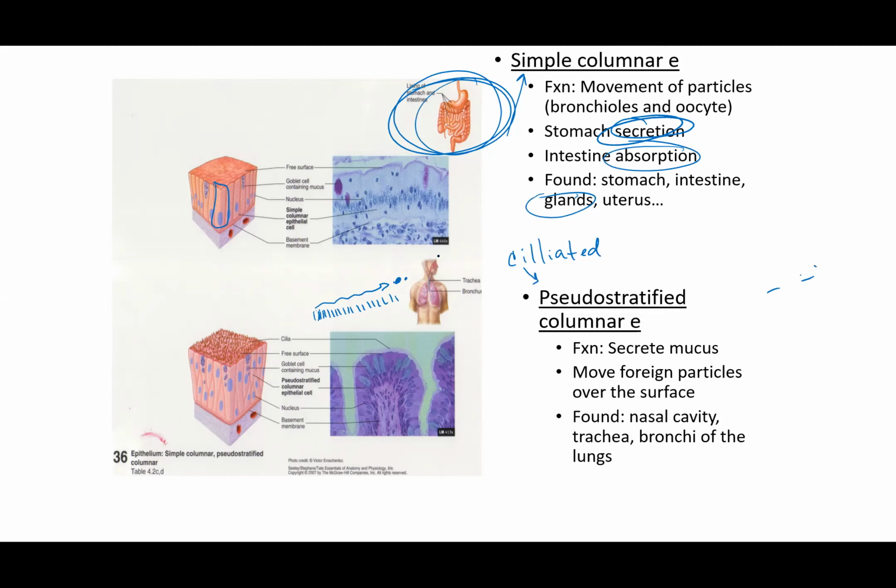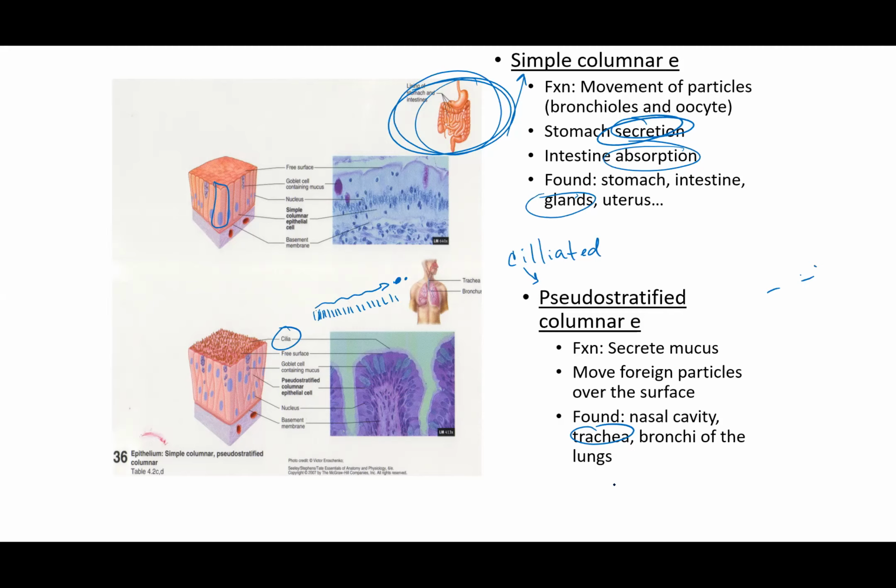So when you see the word cilia, think hair-like projections that are moving particles in a certain direction. In the lung field, which is the trachea, it's moving particles away from the lung field.